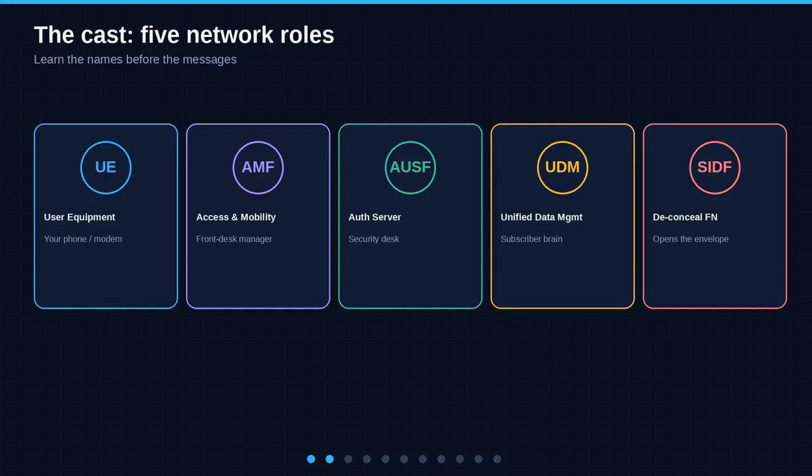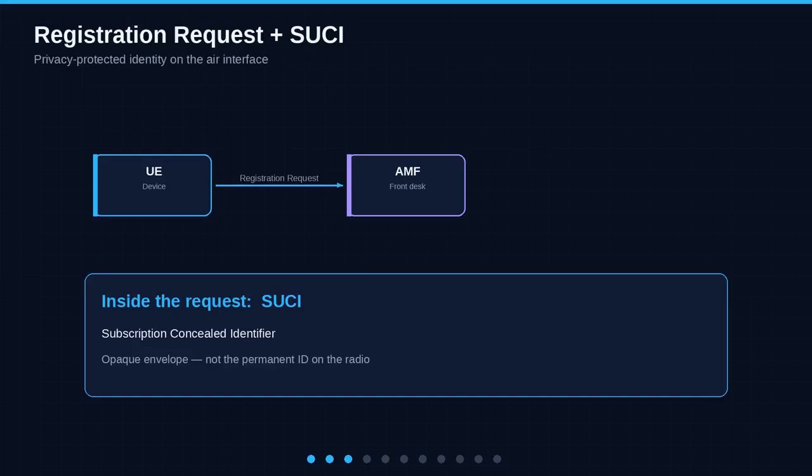The story opens with a registration request from the UE. Inside that request sits a critical field, the SUCI, Subscription Concealed Identifier. Plain English, it is a privacy protected version of who the subscriber is. Earlier generations often put a permanent identity on the air in ways that could be tracked.